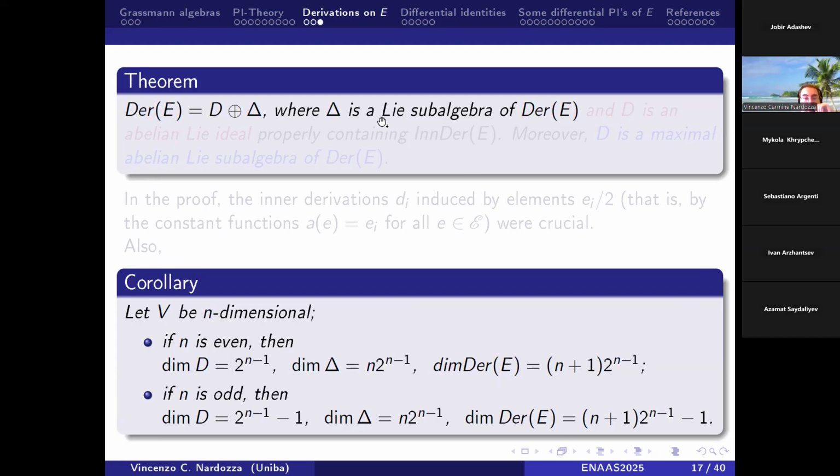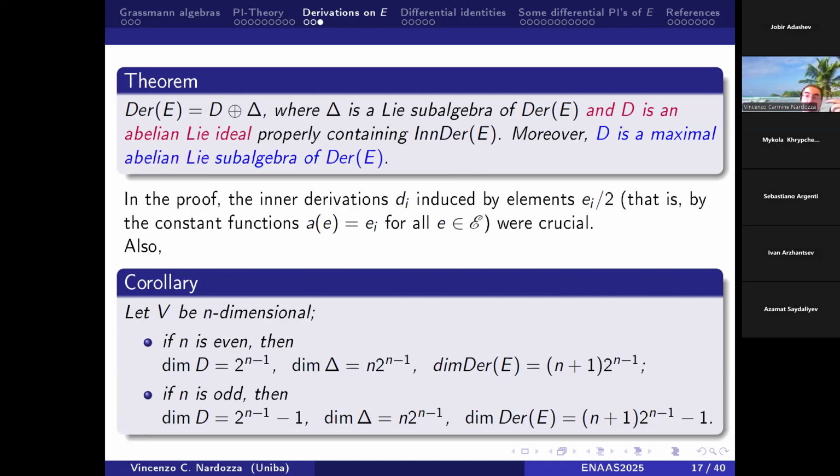But delta is a Lie algebra of E, which is the same as in the Djokovic theorem, but moreover, D is an abelian Lie ideal, properly containing the set of the inner derivations. Since it is an abelian Lie ideal, in particular it is a Lie subalgebra, and actually D is a maximal abelian Lie subalgebra of the derivation algebra of E.